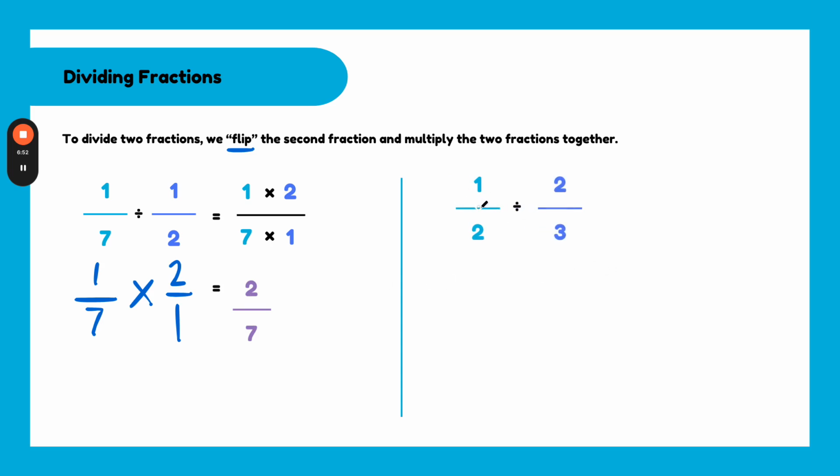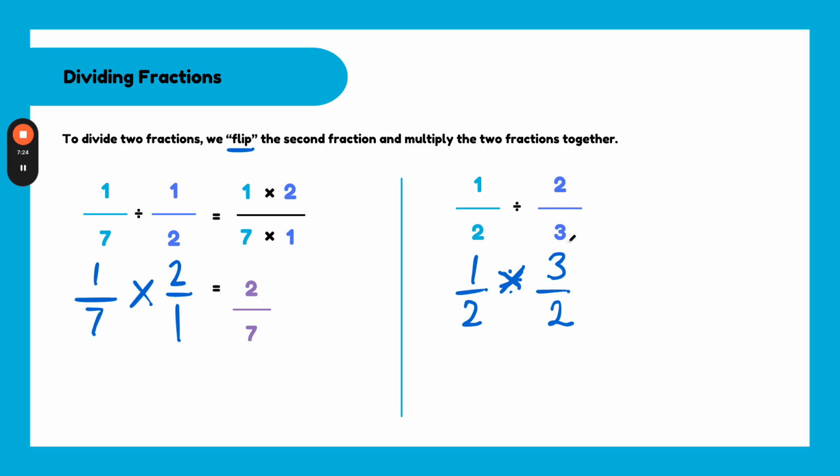Another problem here is a half divided by 2 over 3, or 2/3. If we apply the rule of flipping the second fraction, and now multiply rather than divide, it becomes 3 over 2, because when we flip the second fraction, 3 is our numerator and 2 is our denominator.